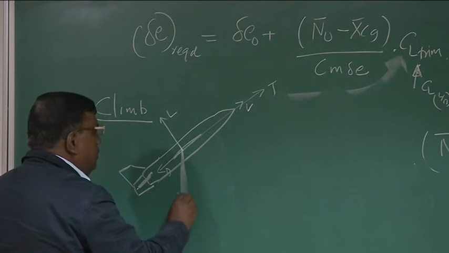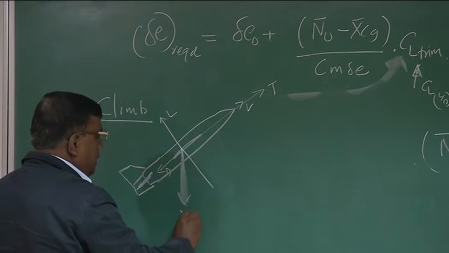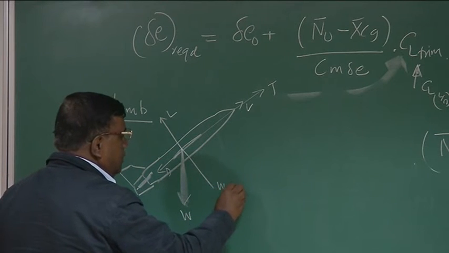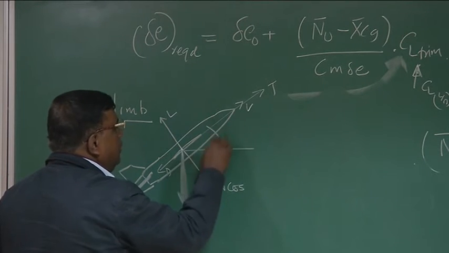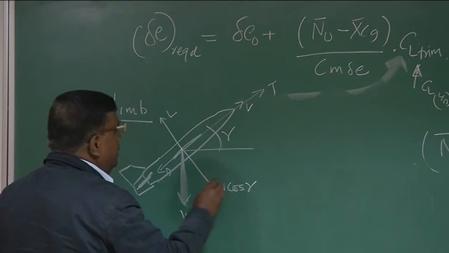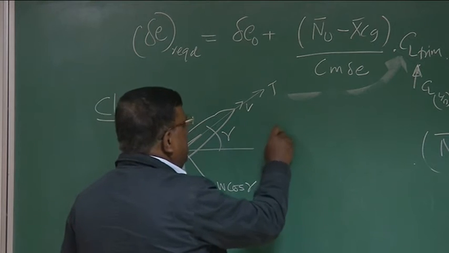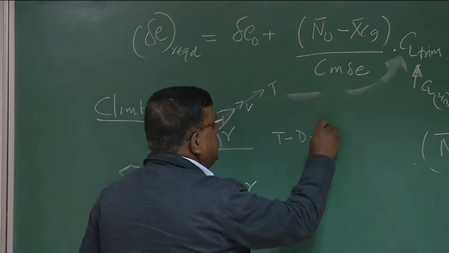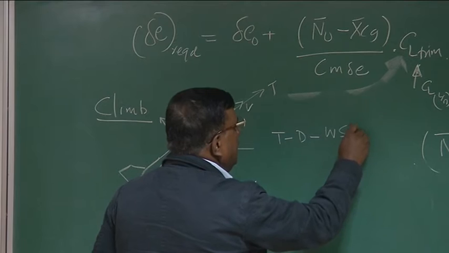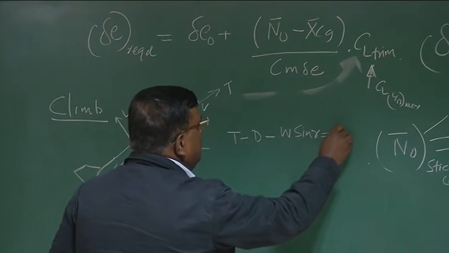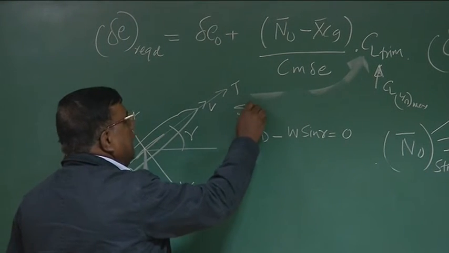This is W, so this is W cos of flight path angle, which is gamma. Right? So how did you form the equation? We said T minus D minus W sine gamma equal to 0, because we are talking about steady climb.